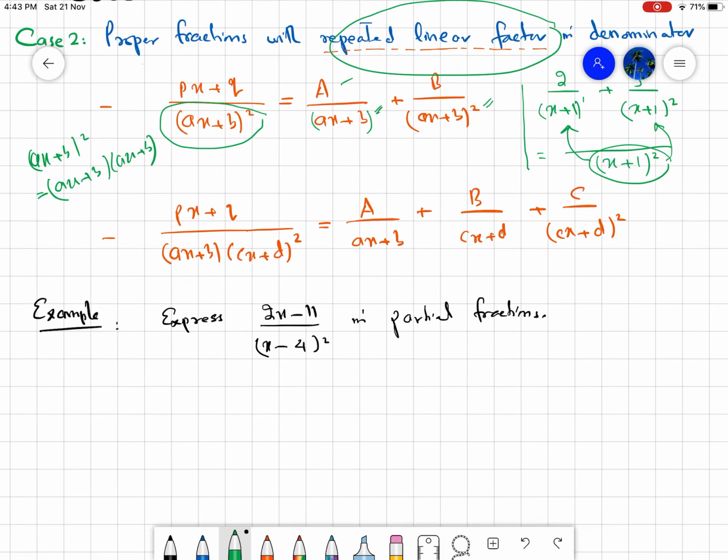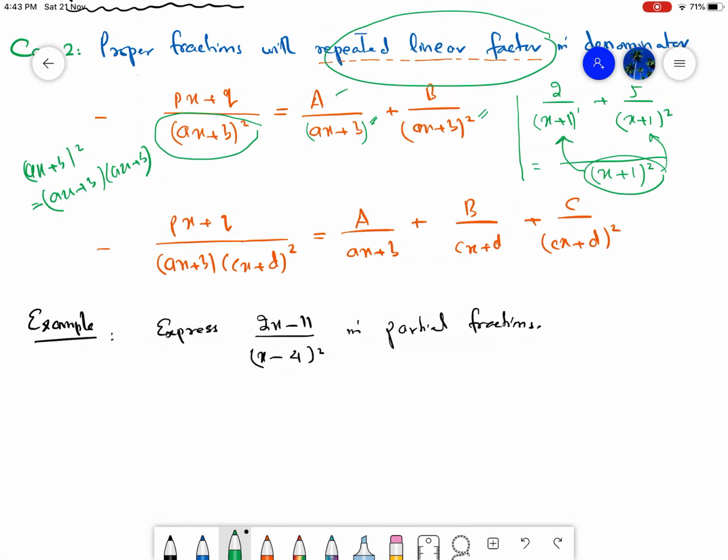Similarly, in the second case, the more extended form, (px + q) divided by (ax + b), one linear factor, and then (cx + d) whole square, which is the repeated factor. So one linear factor which is different, and then there is a repeated factor.